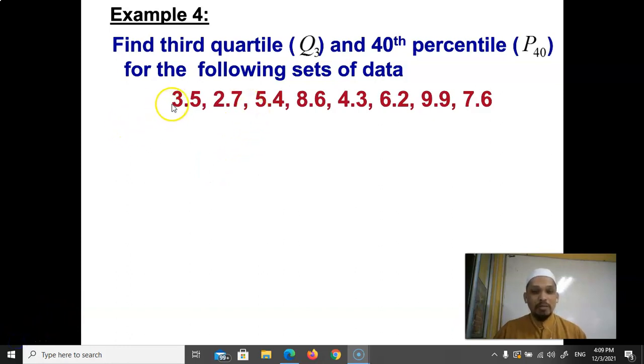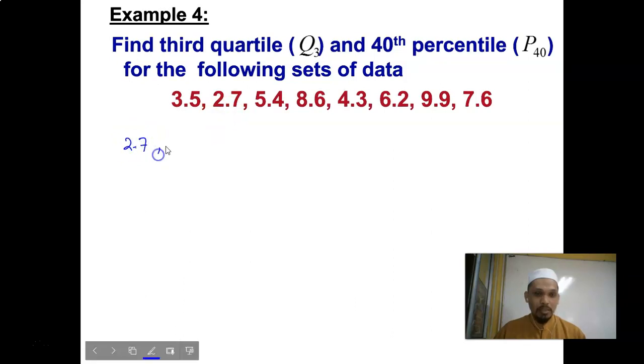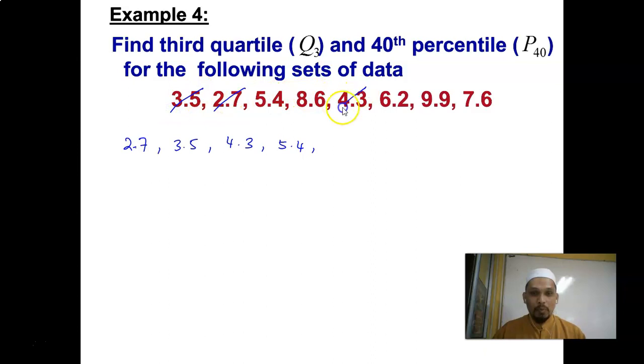Okay, so for this one, again, we are going to arrange this data in ascending order, from the smallest number, which is 2.7, 1 by 1, then we get 3.5, 4.3, 5.4, then 6.2, then 7.6, 8.6, and 9.9.